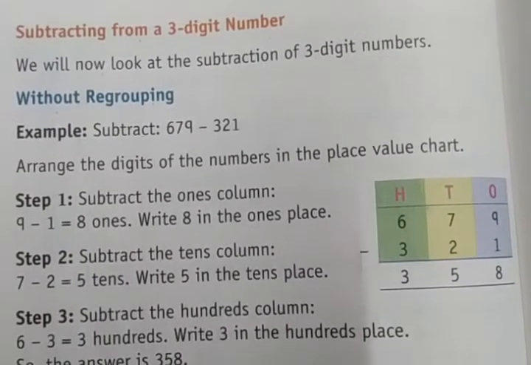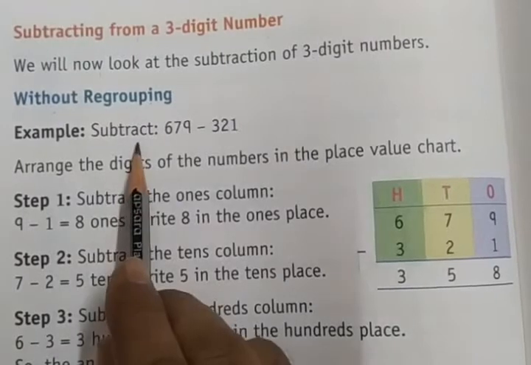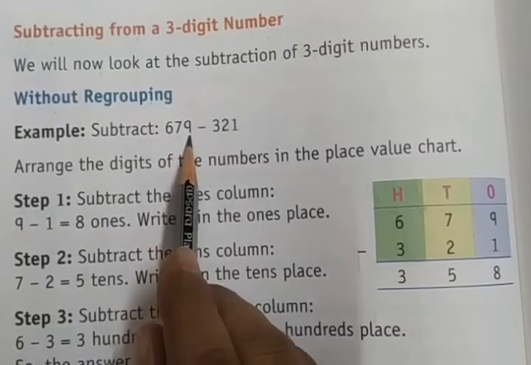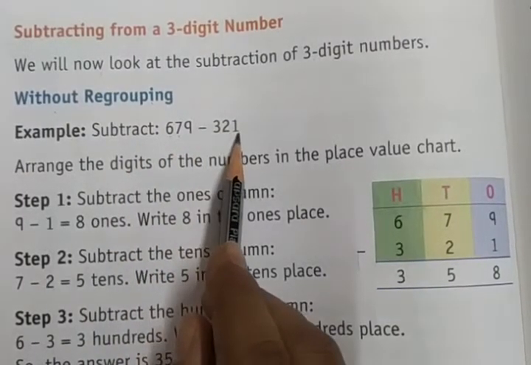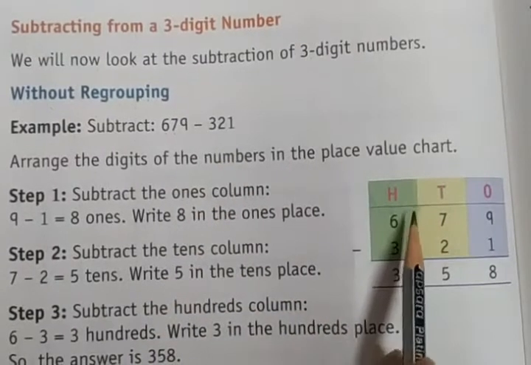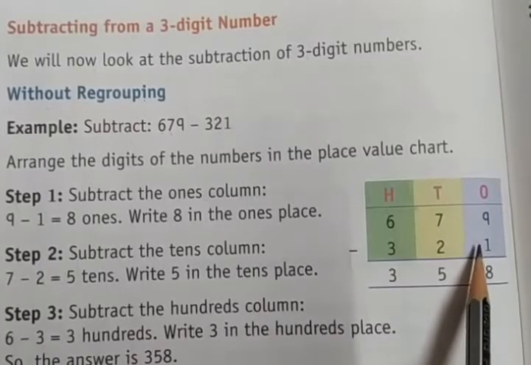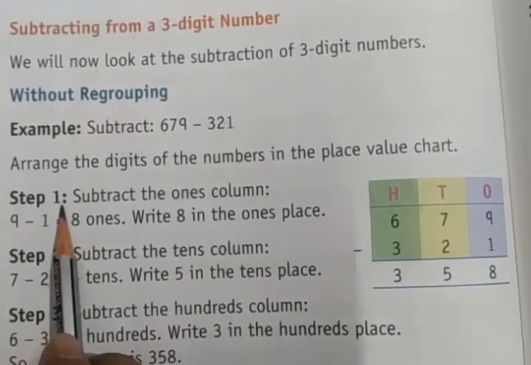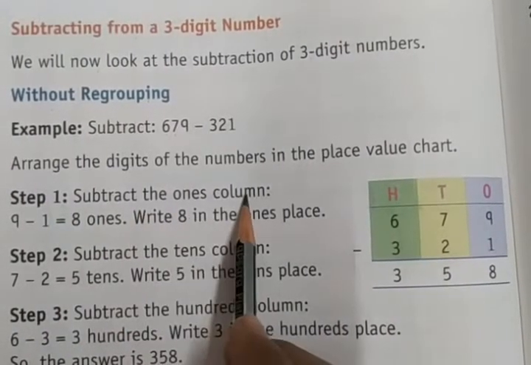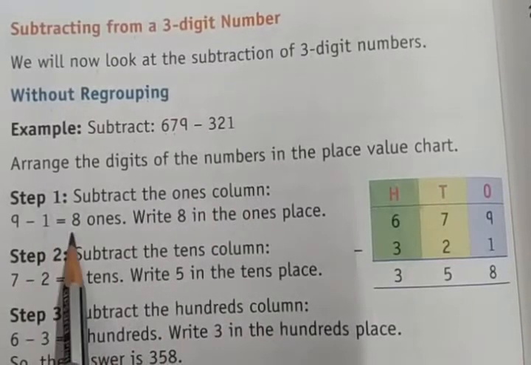Example, subtract 679 minus 321. Step 1, subtract the ones column. 9 minus 1 is equal to 8.